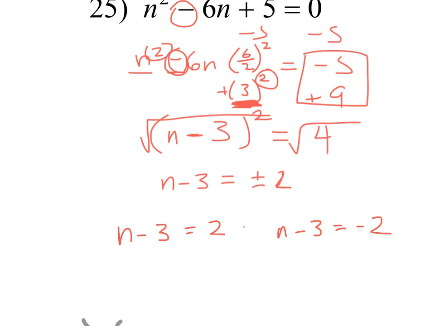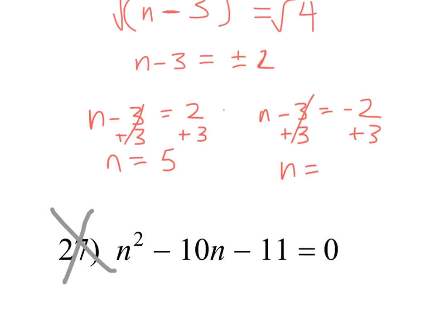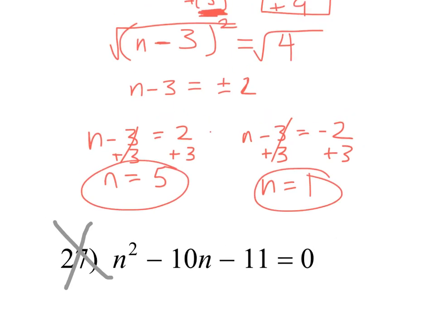And then we're adding 3, so those will cancel out. So what's 2 plus 3? 5. And then we add 3 on both sides here, so these cancel out. And what do we get? 1. So n is equal to 1 and n is equal to 5. Perfect.